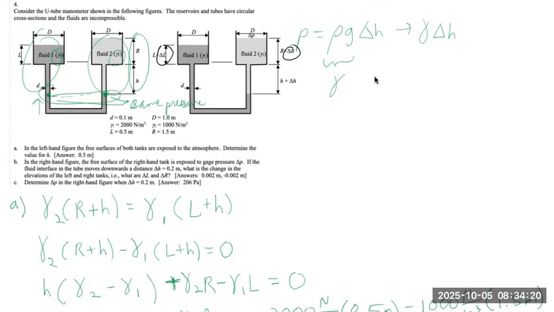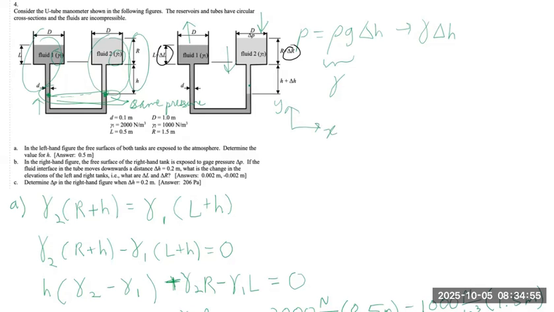So if this side moves downwards, this side must move upwards. So we already know that delta L is going to be positive and delta R is going to be negative, since delta R comes from this fluid moving downwards, and thus is going to be a negative change if we define our coordinate axes with y being positive upwards.